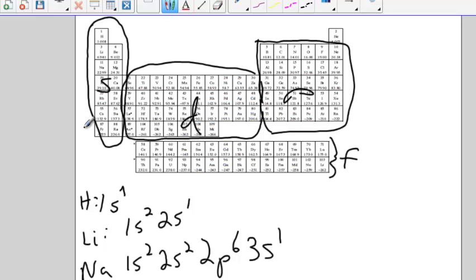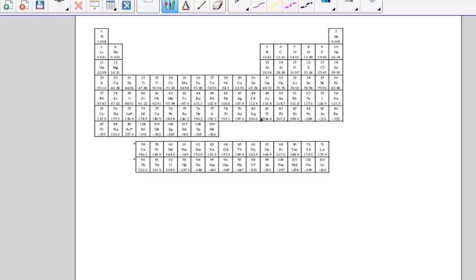So let's check this out. Let me erase all this. Okay, let's say I'm doing chlorine. I can tell you right now it's going to end in the p's, here's the p section. It's going to end in 3p. That's the 3p row. And it's going to end with 1, 2, 3, 4, 5 electrons in that 3p row.